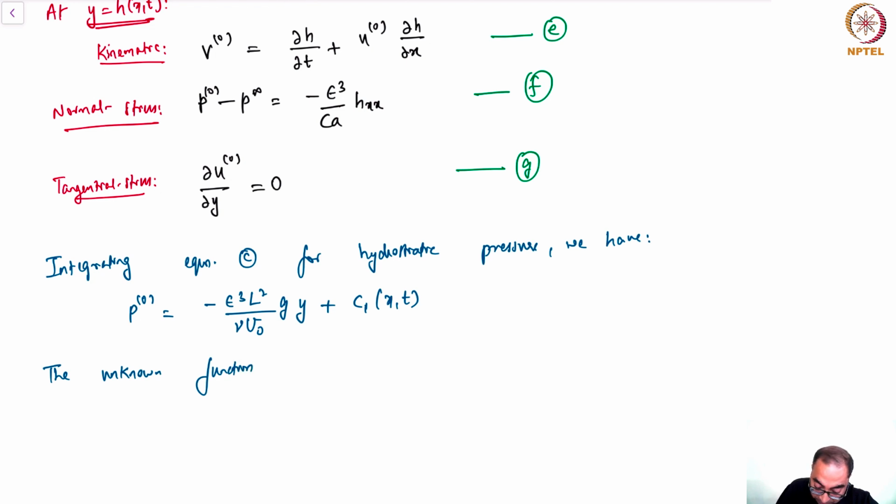The unknown function C1, remember, is a constant of integration as far as y is concerned, but it's a function of x and t.